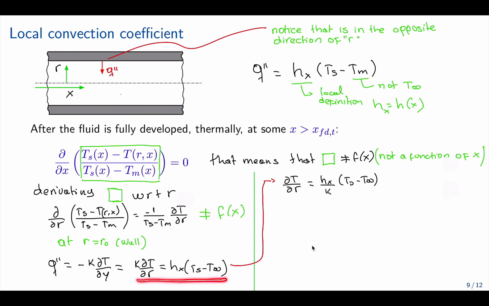So from this expression we solve for dT dr, and we have that dT dr is equal to h of x divided by k, multiplied by Ts minus T infinity.